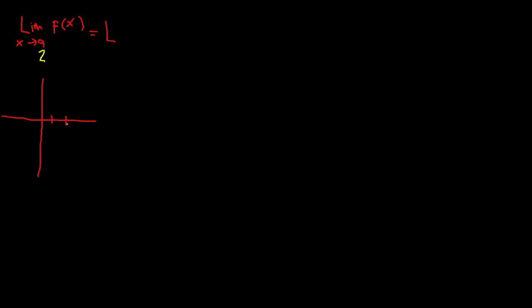So, most likely ay nandito yung ating 2, di ba? Let's say yan yung ating 2. And then i-approach natin ito from left to right. Let's say we have this arrow.